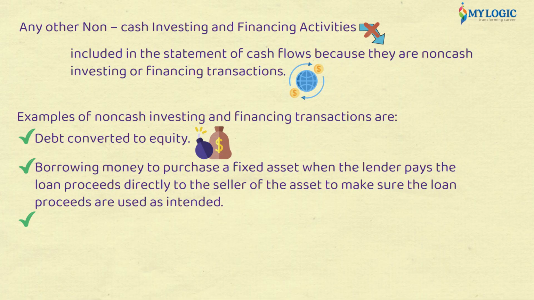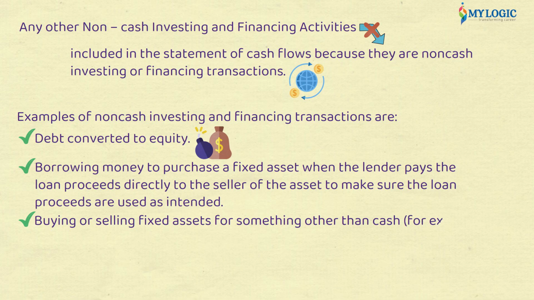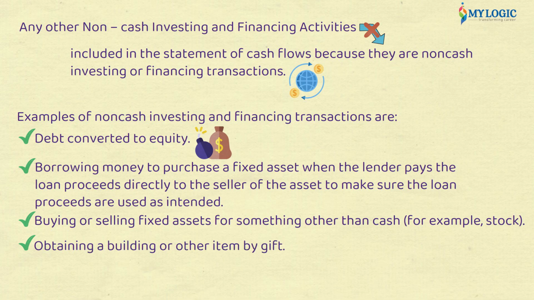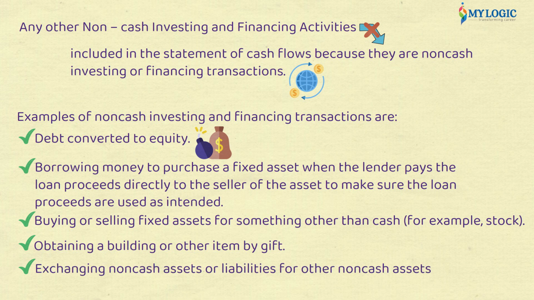Number 3. Buying or selling fixed assets for something other than cash, for example, stock. Number 4. Obtaining a building or other item by gift. Number 5. Exchanging non-cash assets or liabilities for other non-cash assets or liabilities.